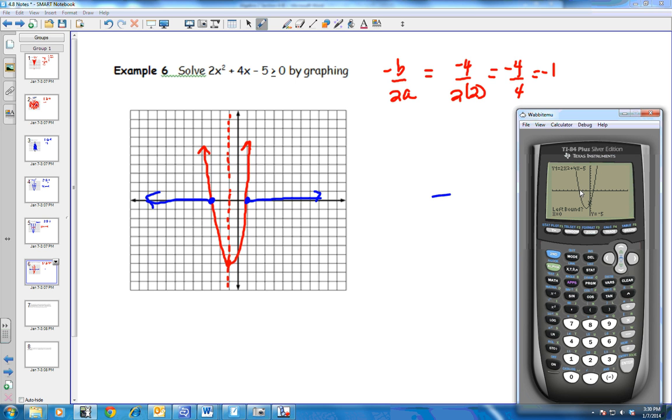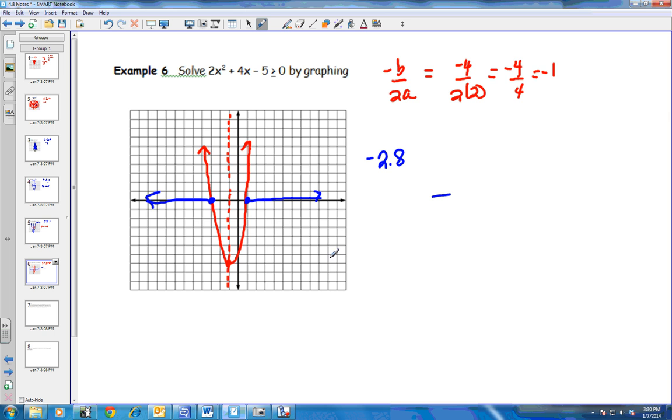Let's find this point right here first. So I'm going to type in a number to the left of it. I'm going to type in -5. Right bound, I'm going to type a number to the right of it. I'm going to type in -1. And I guessed that it crossed at -3. You see it doesn't cross at -3, it crosses at -2.8. So really, -2.8 is one answer.